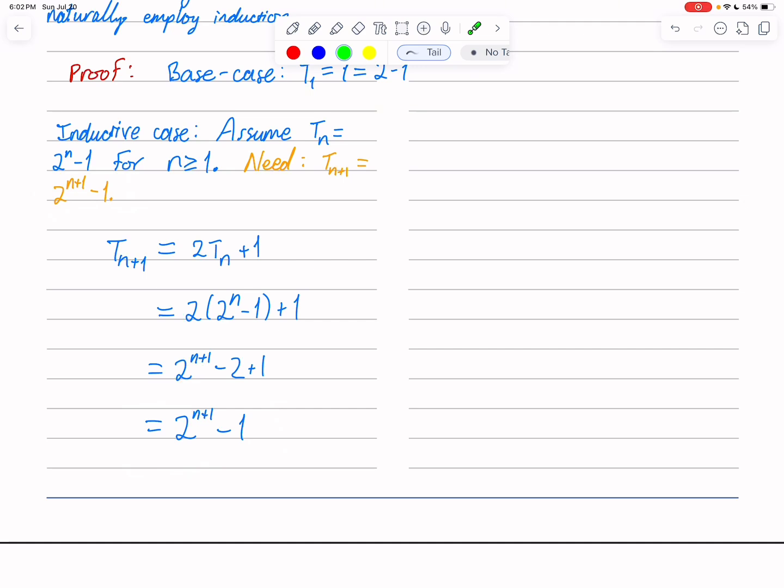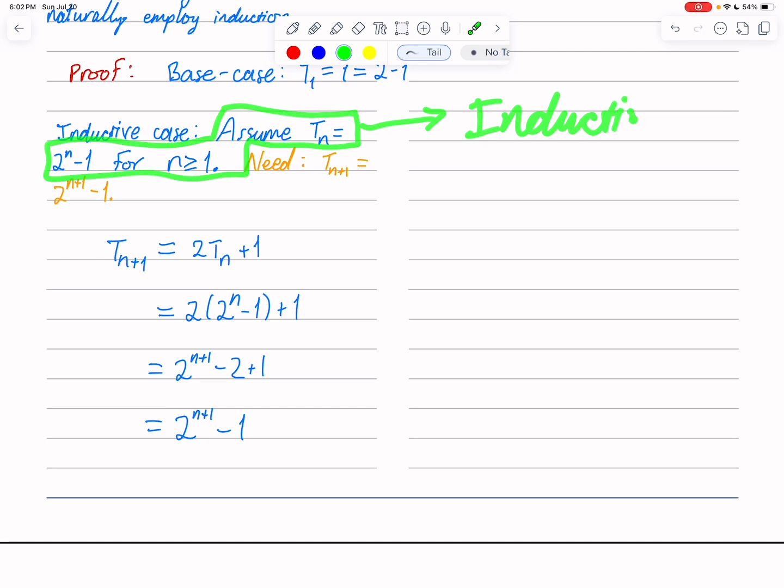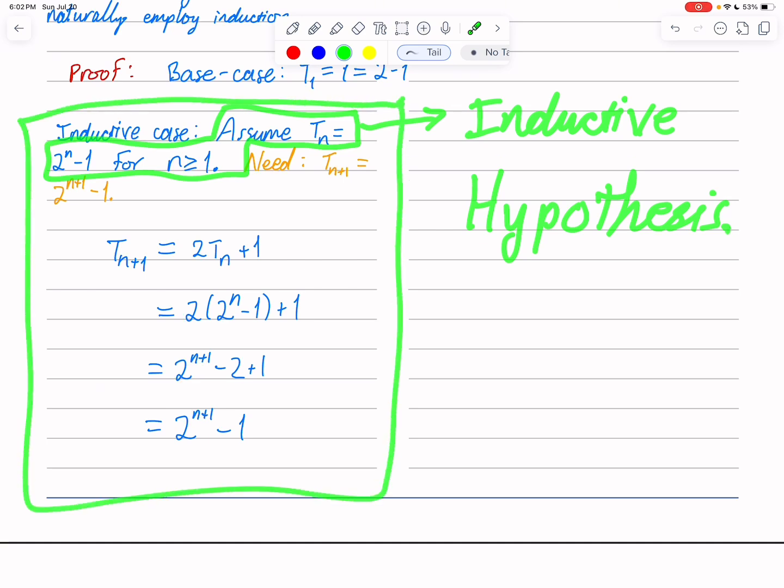So this assumption right here, we often call the inductive hypothesis. Let me go ahead and write that here. So that is often called the inductive hypothesis. That is what we assume in the inductive case. The inductive case is this entire portion of the proof.